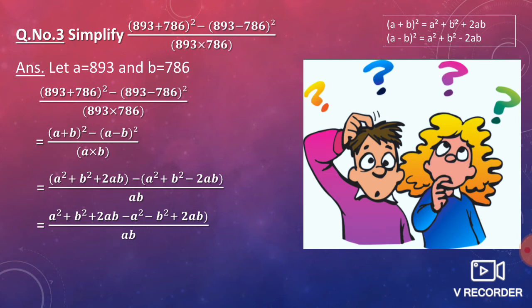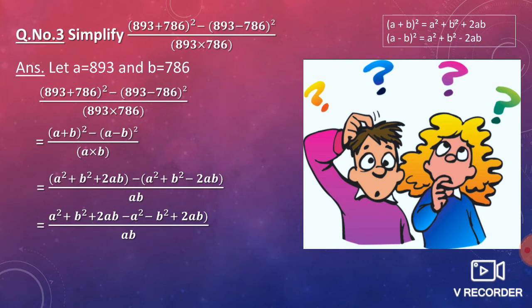So let me remove all these brackets. So what will come, a square plus b square plus 2ab minus of, in this whole bracket it will turn the opposite, plus will become minus and minus will become plus. So minus a square minus b square minus of minus 2ab is plus 2ab divided by ab.